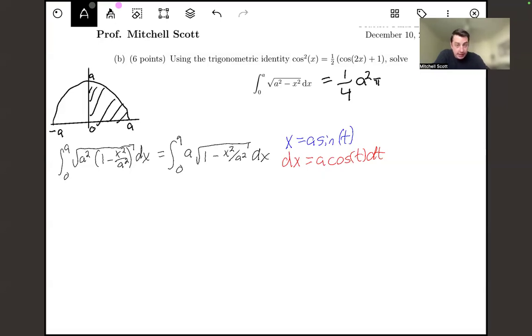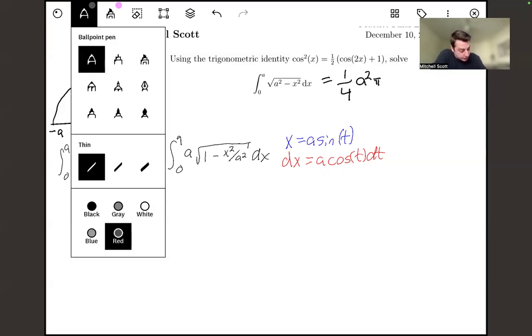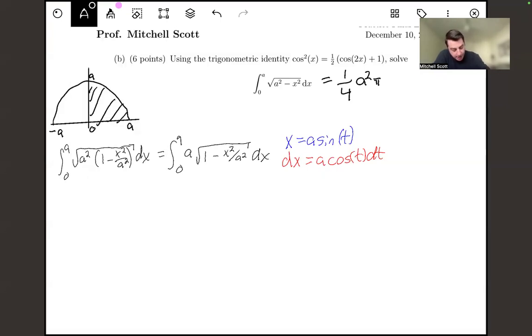So since this is a definite integral, let's do the changing bounds, right? So a equals, right, a is x here. a equals a sine of t, and we're going into t, right? The only way for this equation to make sense is if t equals pi over 2, because sine of pi over 2 equals 1, and we need sine of t to equal 1 so that a equals a times 1, right?